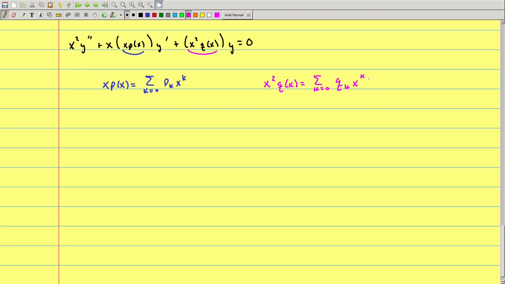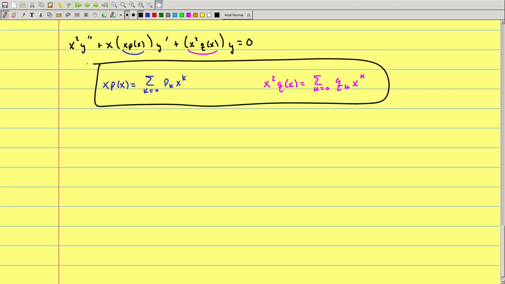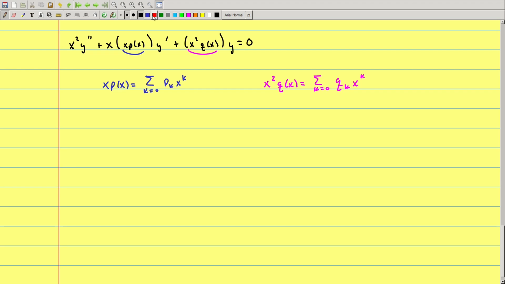All right. So for these two functions, we assume that they have these forms, and if we assume that they conform to this expression, what we're allowed to do is talk about the coefficients that are associated with each of these factors.